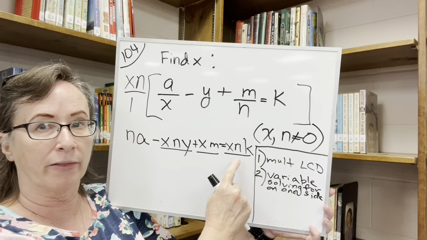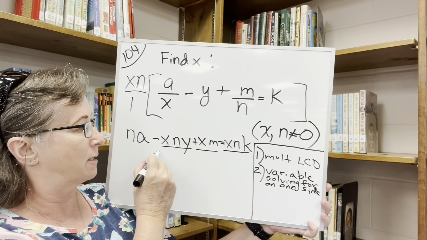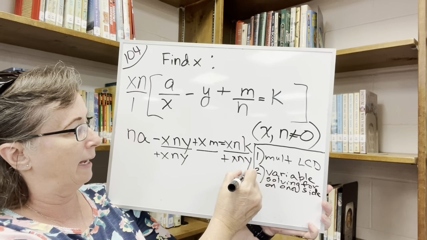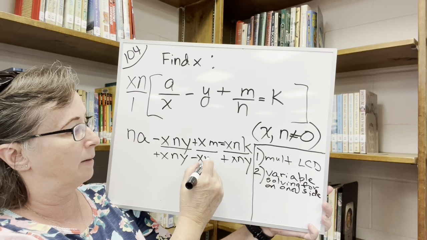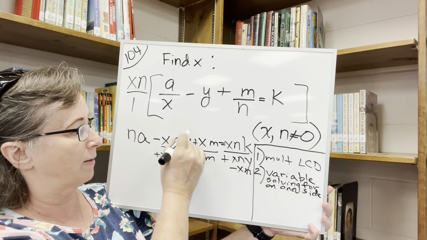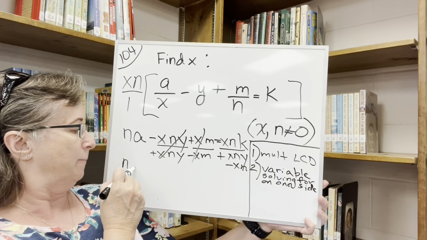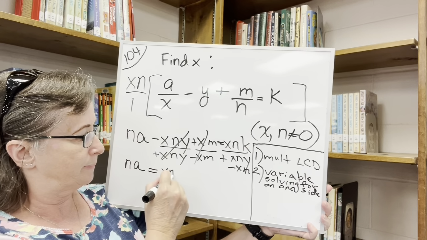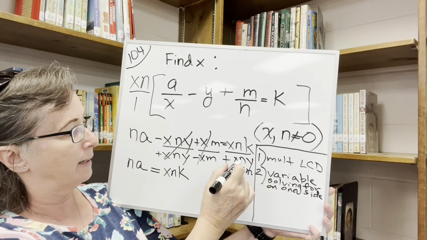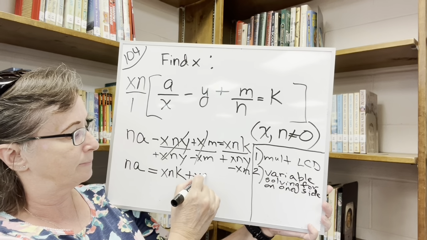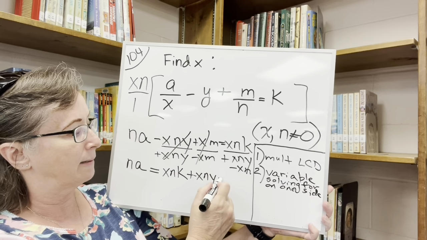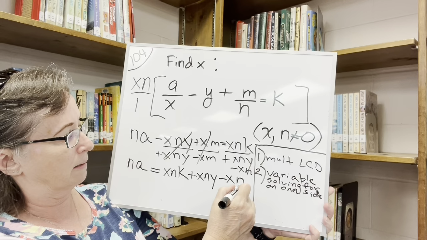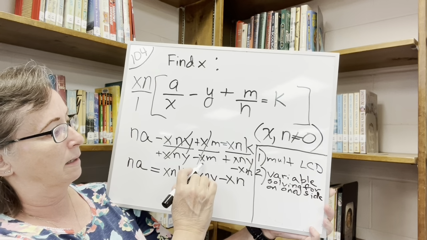So we're going to put everything on the right, which means I'm going to add this one plus xny minus xm minus xm. So that cancels and that cancels. So I end up with na equals xnk plus xny minus xm.